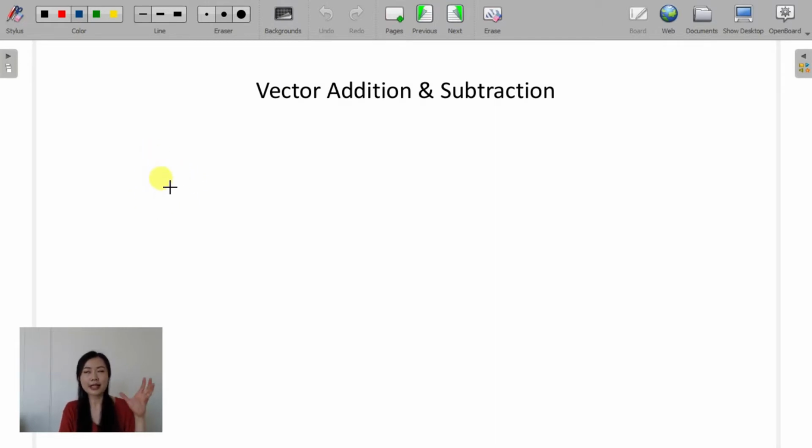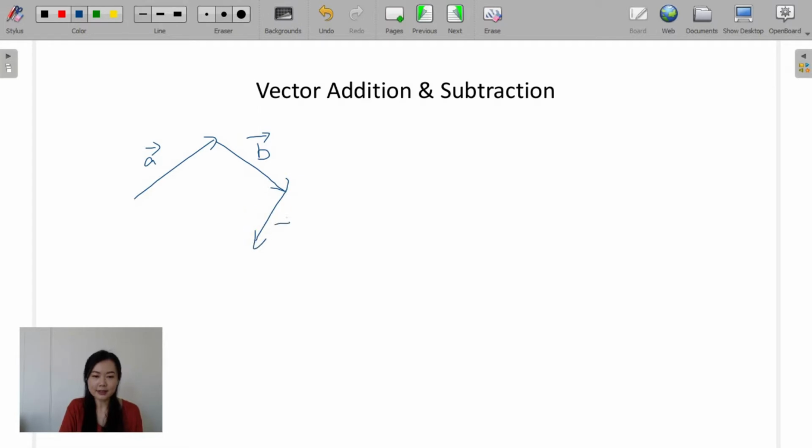There's the head to tail method. Let's say you have vector A and then vector B, and let's do one more, vector C. If you want to add them, they form a daisy chain sort of situation.